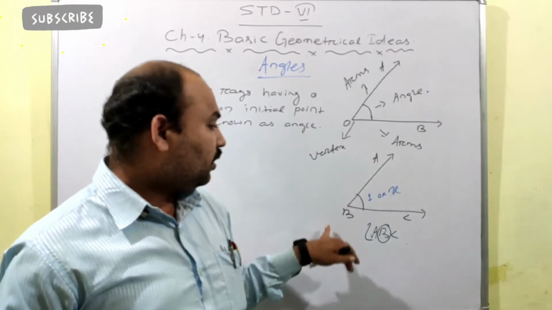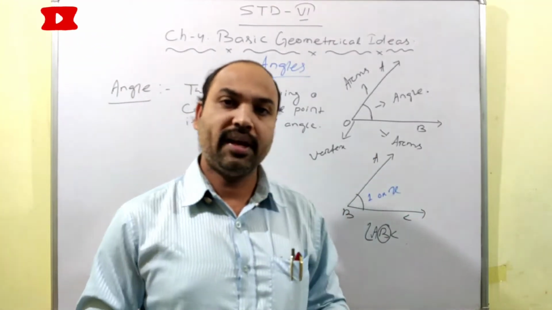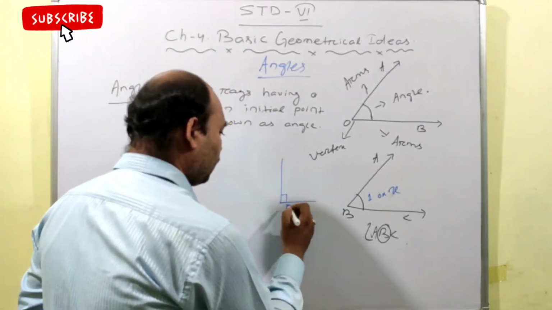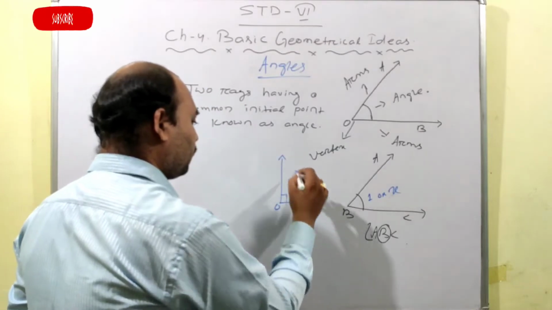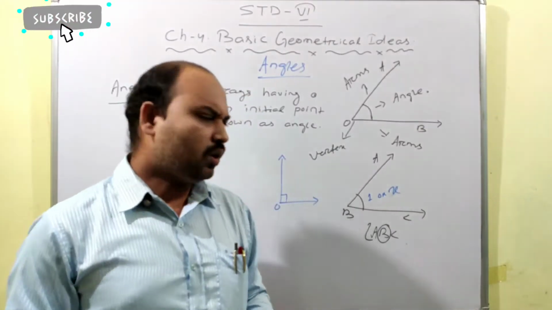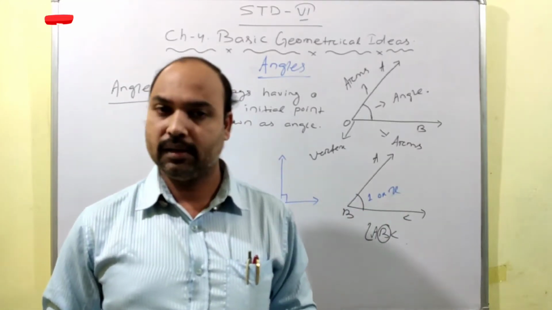Otherwise, without giving three letters, we can put only one letter. Suppose it is an angle, here it is angle O. Only O is also one type of naming. So we can give different types of names to the angle.